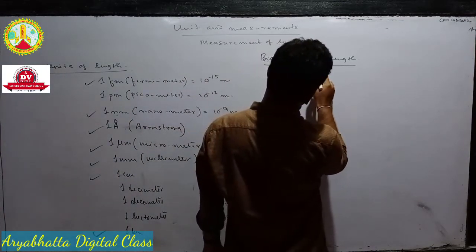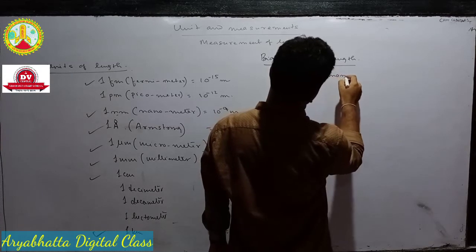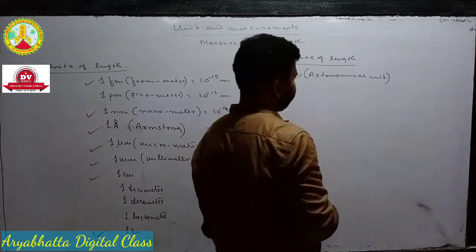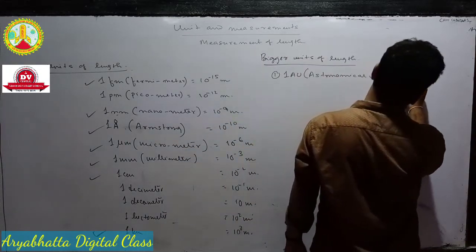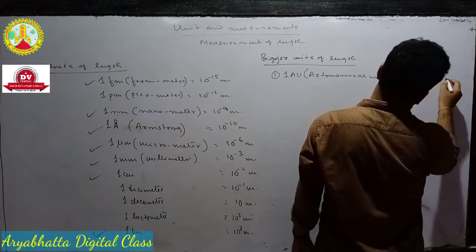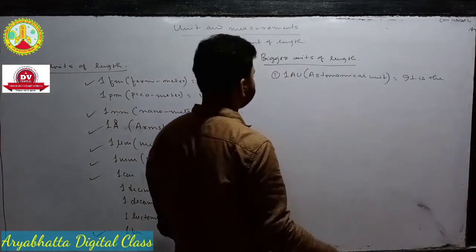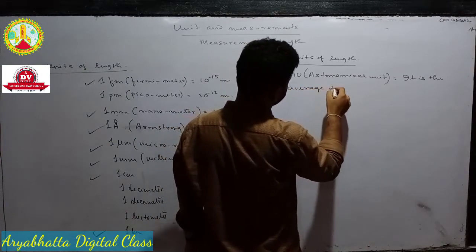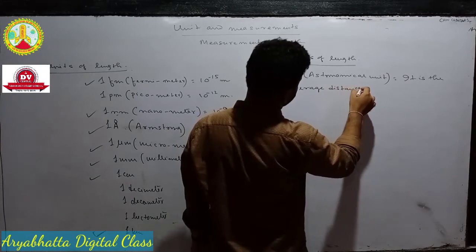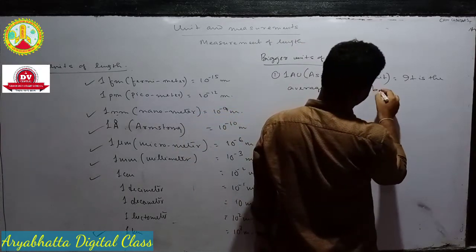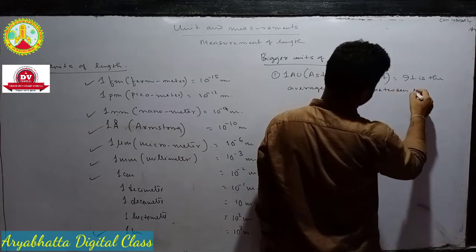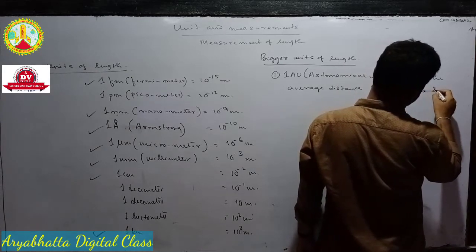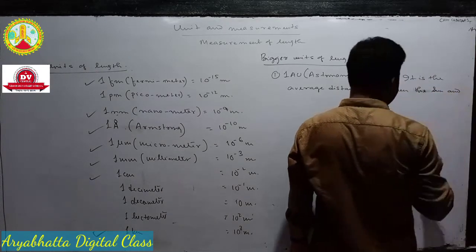So what is astronomical unit? It is the average distance between the sun and the earth.